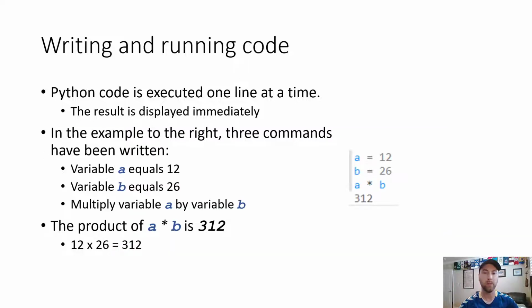In the example to the right, we see three commands have been written: A equals 12, B equals 26, and multiply A times B. Variable A equals 12, variable B equals 26, and it gives you the product: A times B equals 312, because 12 times 26 is 312. Each line of code here is a command. It's telling the computer A equals 12, right? That's the assignment statement. B equals 26.